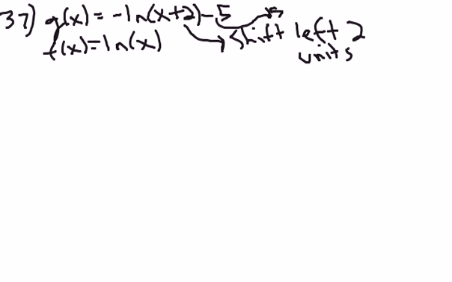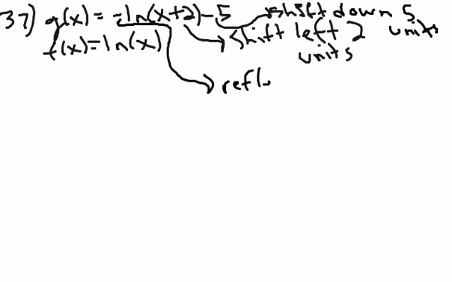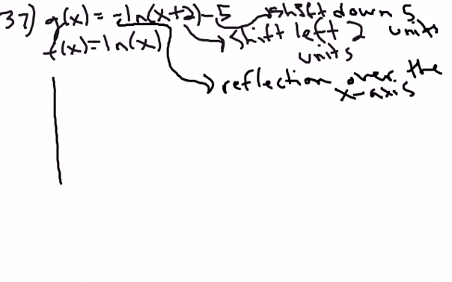The minus 5 is shift down 5 units. And then we have this negative, which is a reflection over the x-axis. So let's go ahead and graph the f of x function, just for practice sake, to compare f of x and g of x.